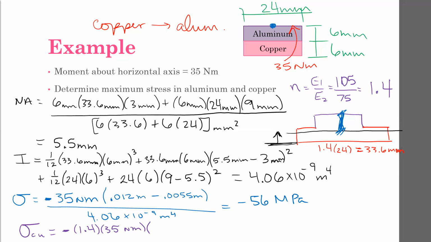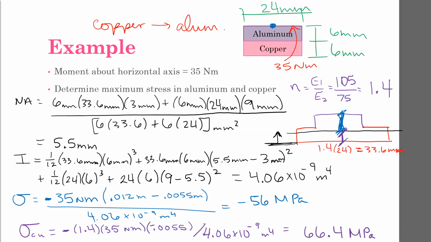Now this distance here, we already know is the same as our centroid measurement, so it's 0.0055. But that should be a negative value because we're measuring downward. And then we're going to divide by 4.06 times 10 to the negative 9 meters to the fourth. And we should get 66.4 megapascals.